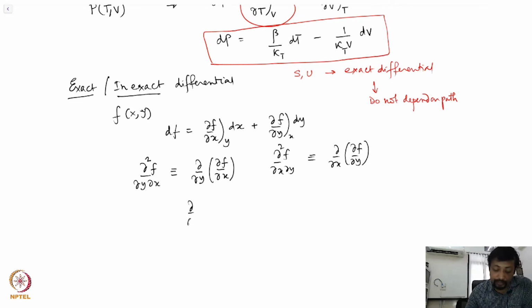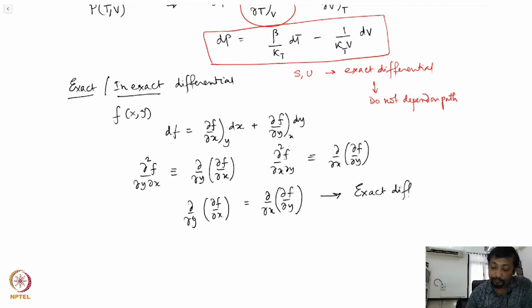So I have del y of del f del x must be equal to del x of del f del y, and this is the condition for f to be an exact differential.